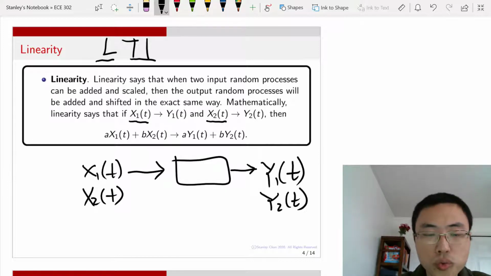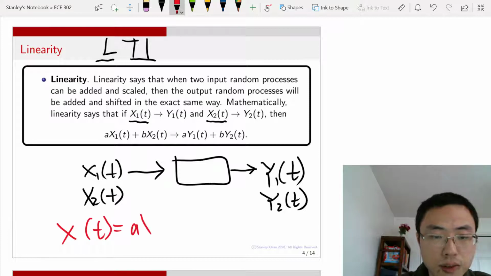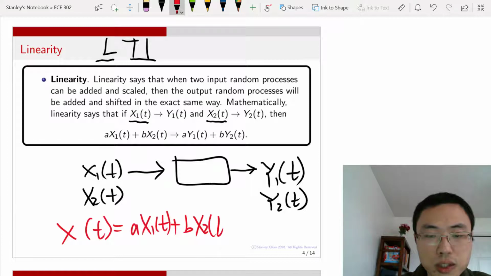Now you define another signal, let's call it x of t, which is a times x1 of t plus b times x2 of t.